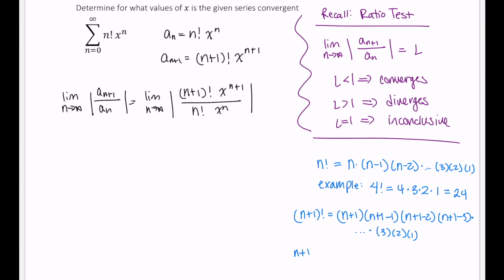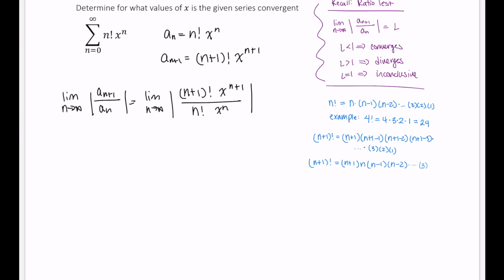N plus 1 factorial is n plus 1, now n plus 1 minus 1 is just n, times n minus 1 times n minus 2, and so on. Let me resize. Bear with me. There we are. So if you notice, this here is just n factorial. That tells me that n plus 1 factorial is equal to n plus 1 times n factorial.